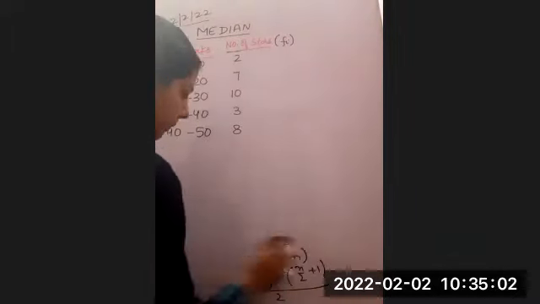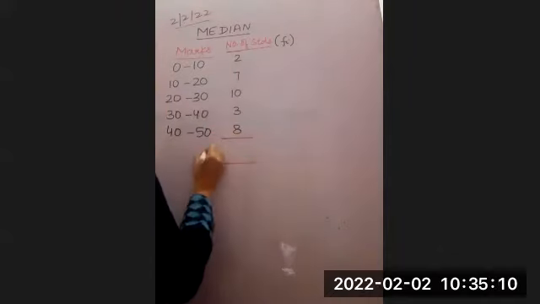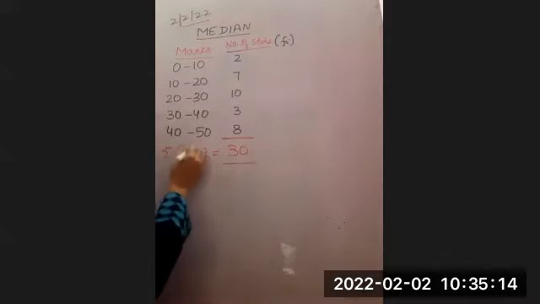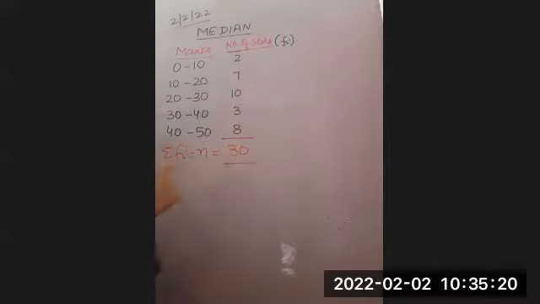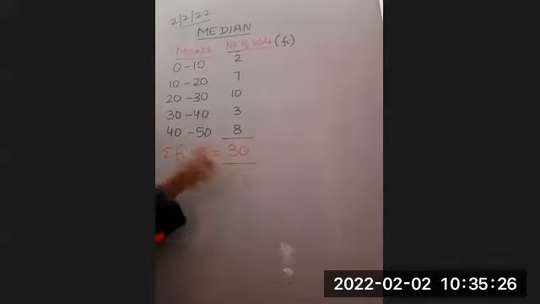Small n is the sum of all frequencies. This is nothing but summation Fi, the sum of all frequencies, n. So how many total students are there in the question? 30. So there are 30 students in the question.